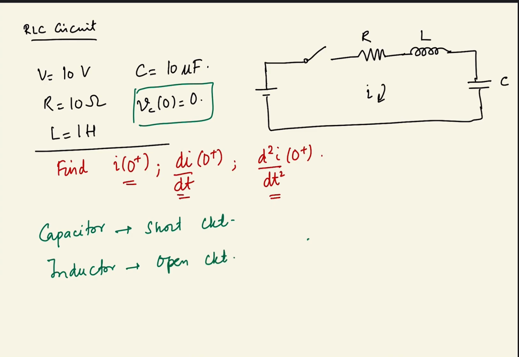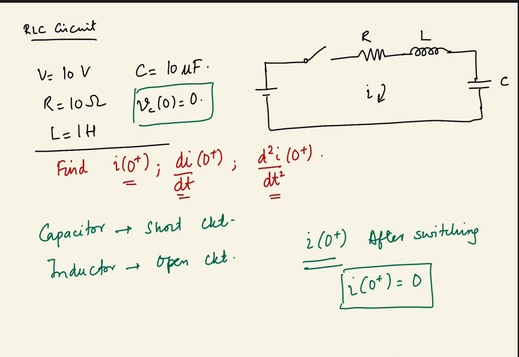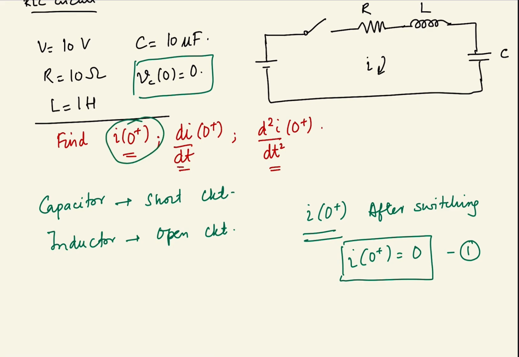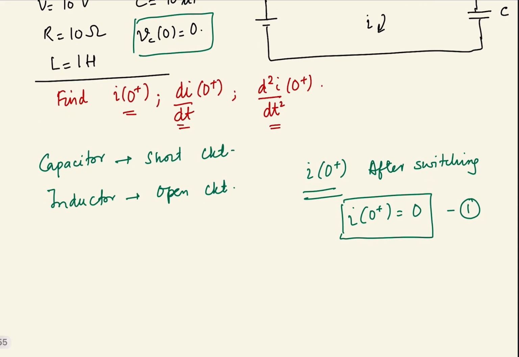So what is the value of current I0 plus after switching? Since the inductor is an open circuit, this I0 plus is simply going to be equal to 0 because no current is flowing. All right, so this is number one. This I0 plus is found out.